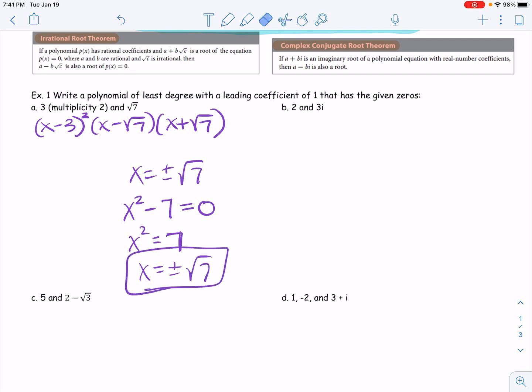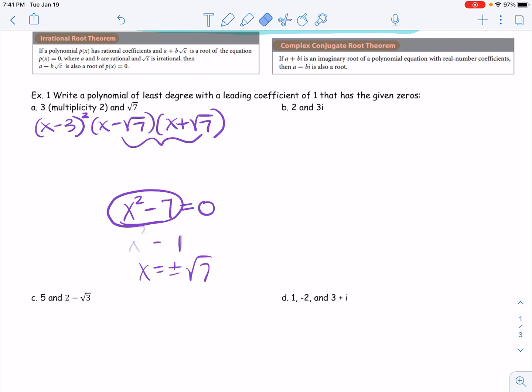So if you know how you got the root, then you should be able to come up with the factor pretty easily, instead of having to write both the factors down of x minus radical 7 and x plus radical 7, because if we just write that down, we are going to have to go back and multiply. FOIL. Then you have this, then you'd have that, then you'd have plus 7, because radical 7 times radical 7. So it saves you a little bit of steps.